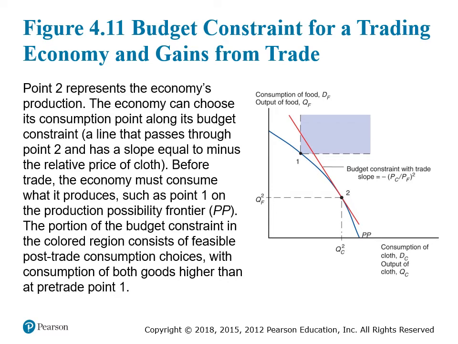This area is shown by the shaded area in the graph. You can compare this area with point 1, which lies on the production possibility frontier and was feasible before trade. After trade, it is possible to consume any combination beyond this point 1, and that shows the gain from trade.